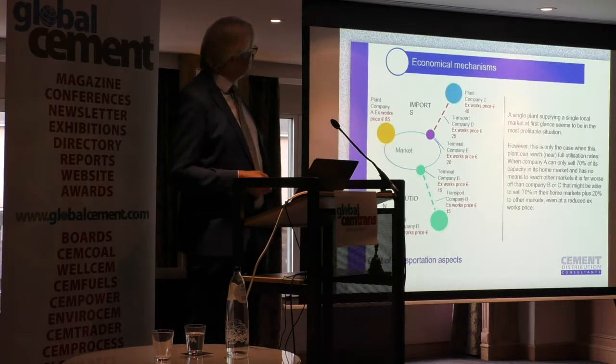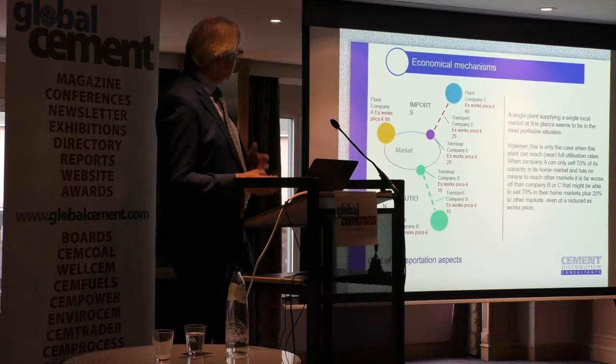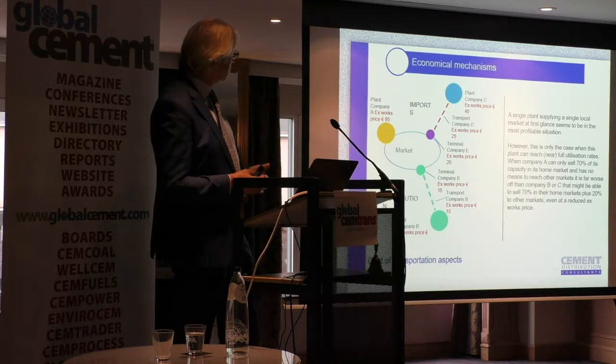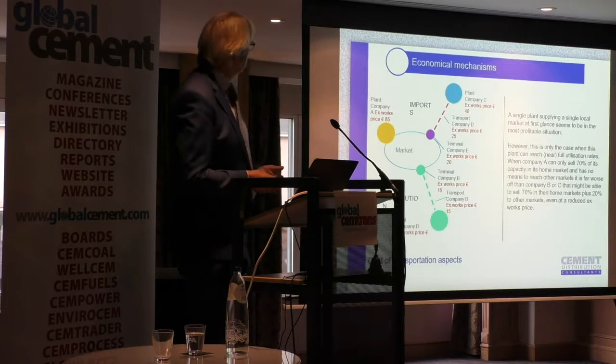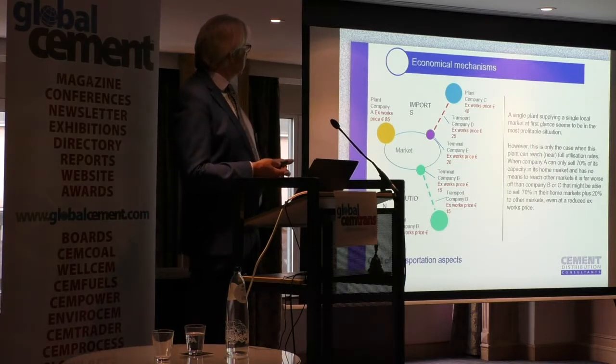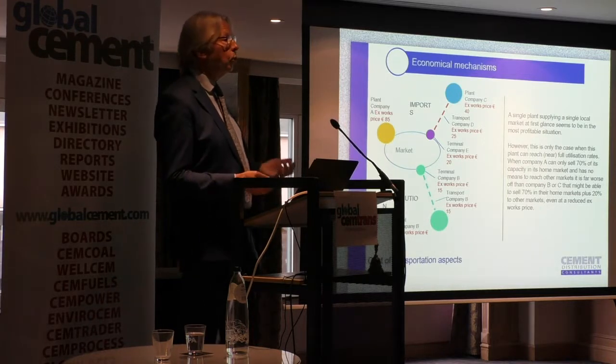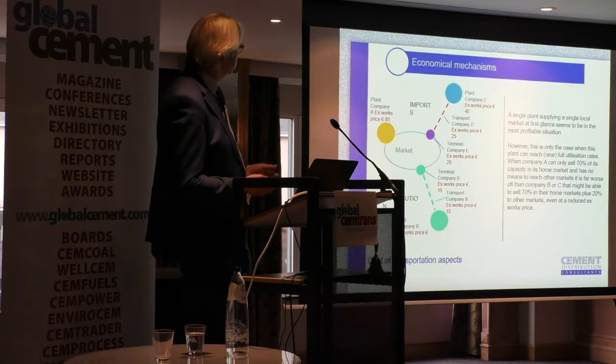Then there are some other mechanisms. It looks like company A, which sits inside a market and can sell its cement for its full margin, is in the best position, but that only is the case if it can sell its full production here.